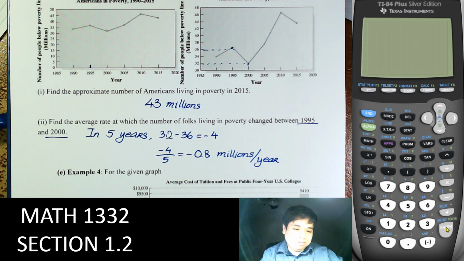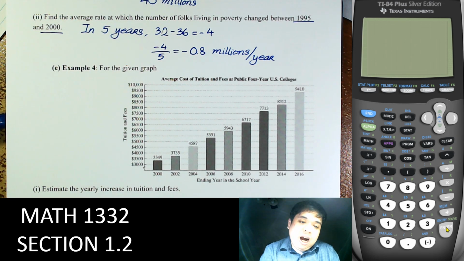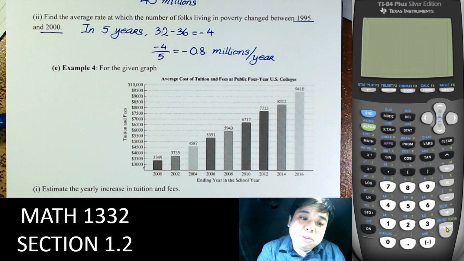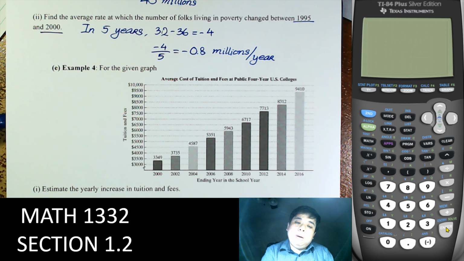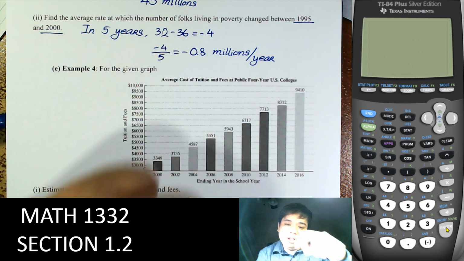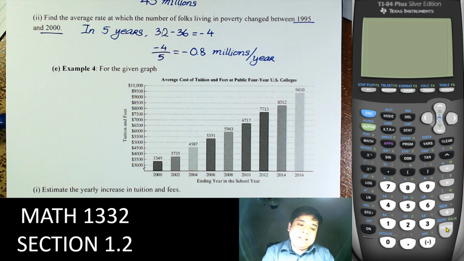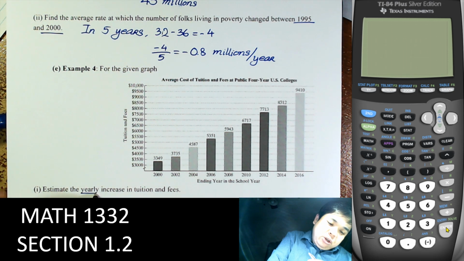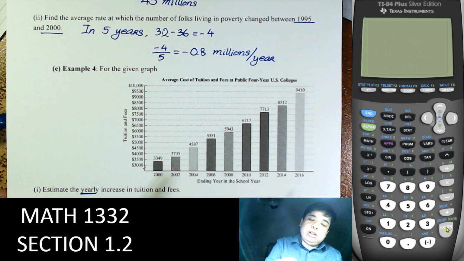Look at this graph. This graph is the average cost of tuition and fees at a public 4-year U.S. college. So in 2000, it's going to be that much, and in 2016 that will be that much. Estimate the yearly increase in tuition and fees. So this is yearly from 2000 to 2016.